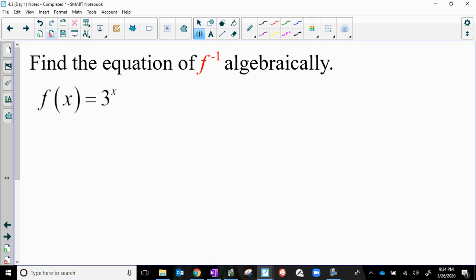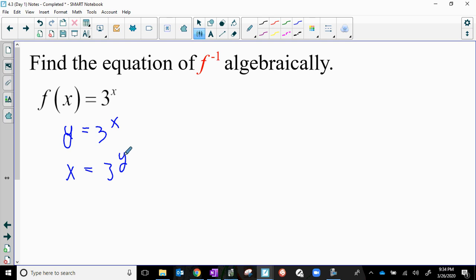Okay, I'm going to go ahead and do one more. This is where we're going to start tomorrow. This is a quick and easy one. Find the equation of the inverse algebraically. Take this x and this y that we have and turn it into x. Isolate y. That's easy. We got a base, we got an exponent, we got a number.